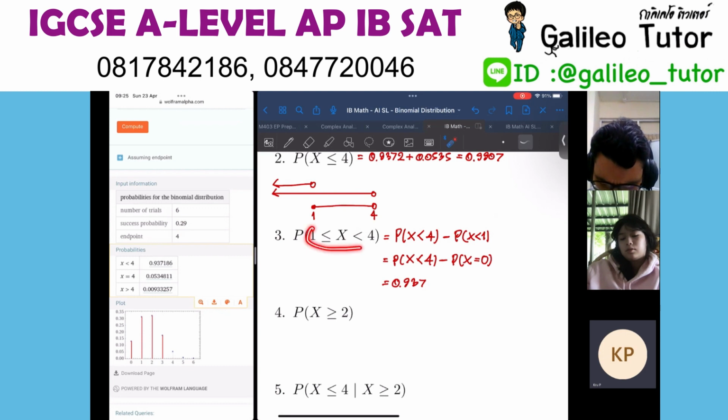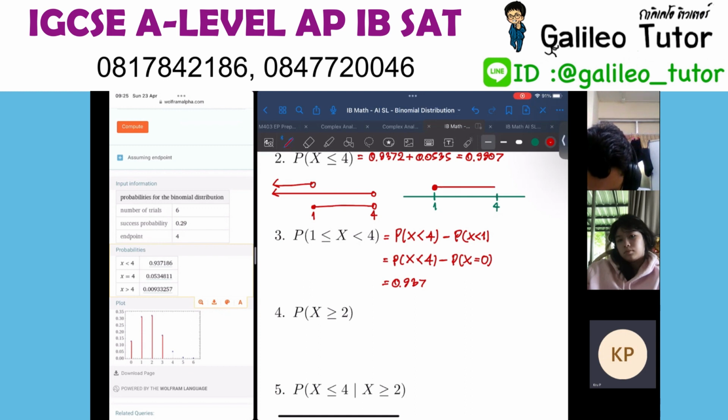So what is this interval? X must contain 1, right? But less than 4. If you look at the real number line, this is 1, this is 4, right? But we want this interval containing 1 but less than 4. I want to start with less than 4, all numbers that are less than 4.